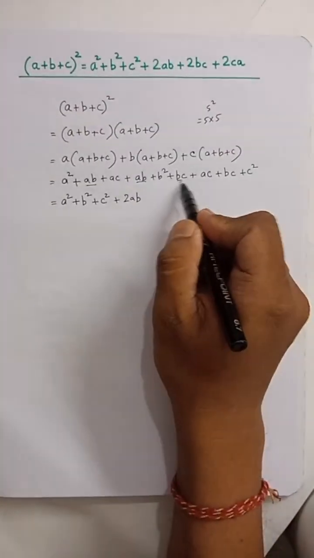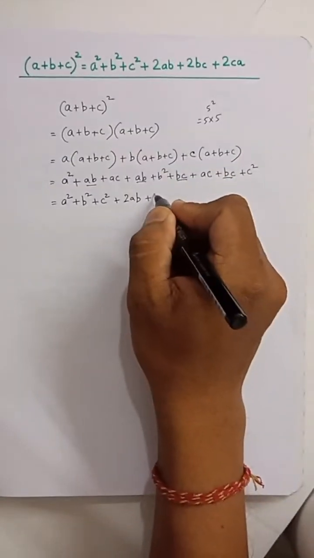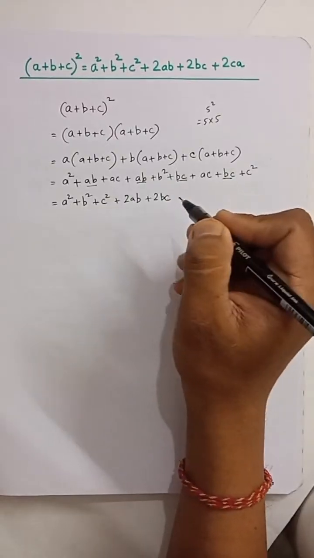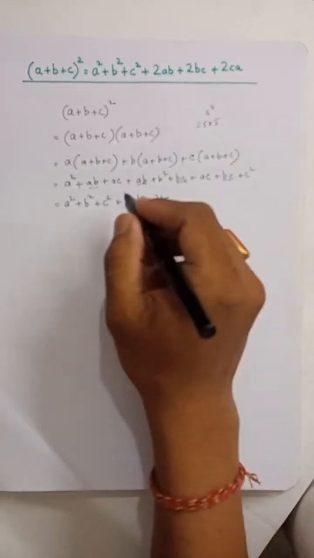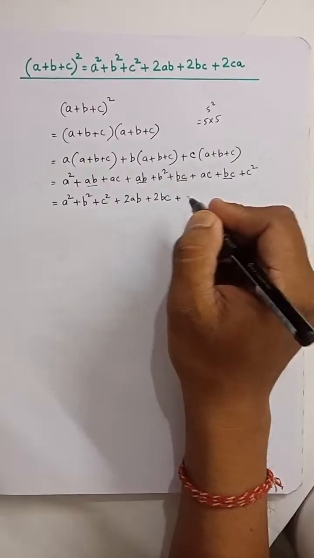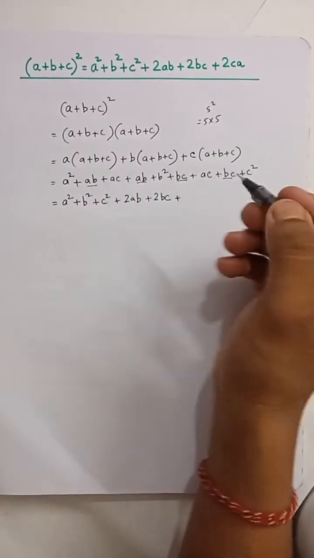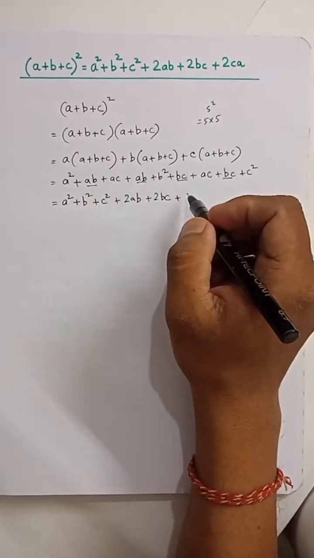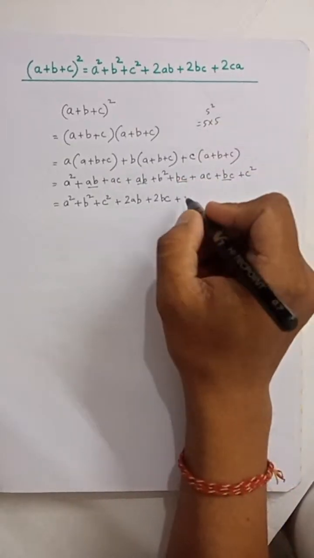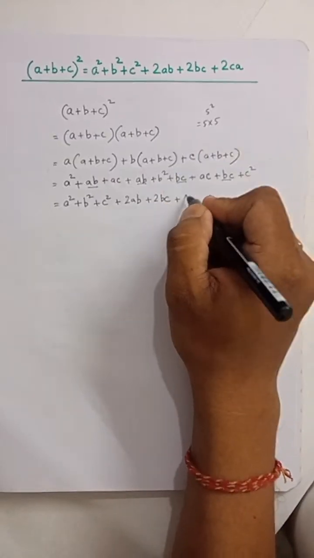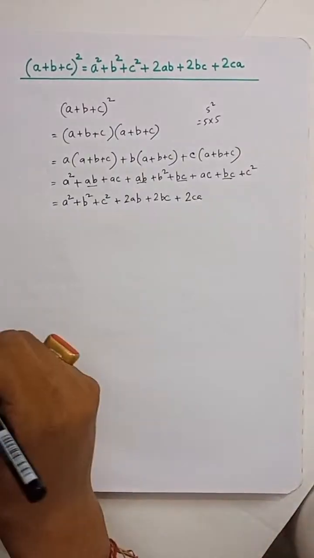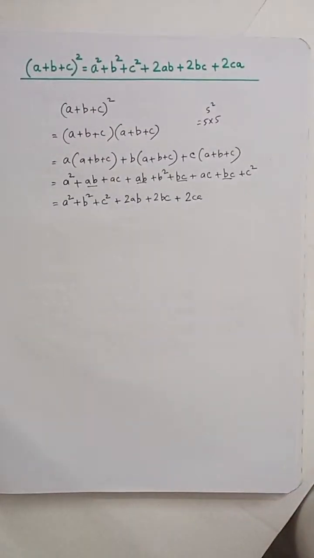Similarly, bc and bc, we are going to add up and write 2bc, and then ac and ac, you can write 2ac or 2ca, whatever. Let us write it 2ca because in the heading we have written 2ca. So this is how this identity is derived. So now we will jump into the questions.